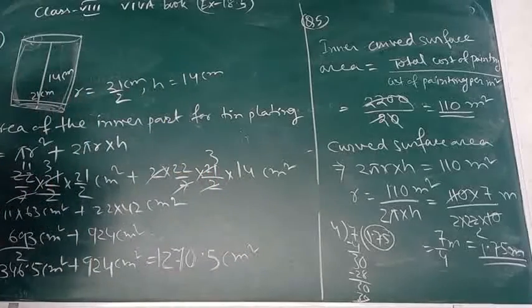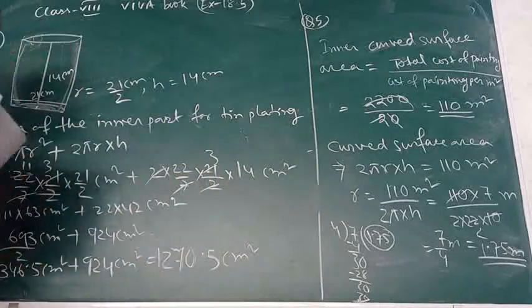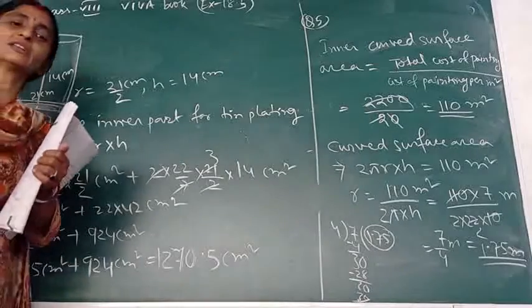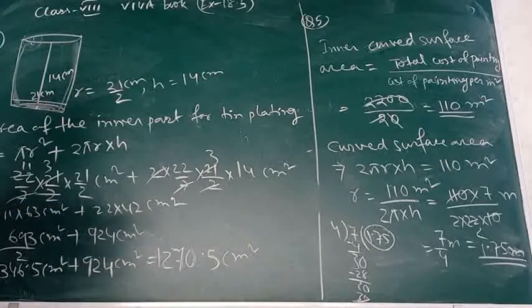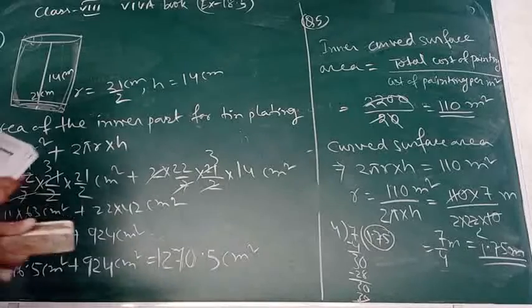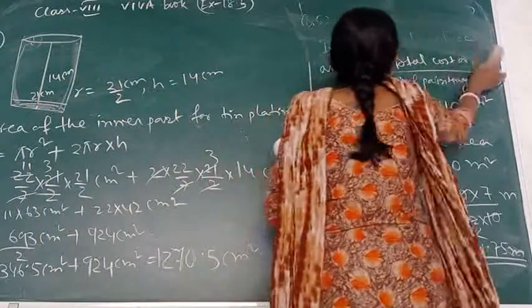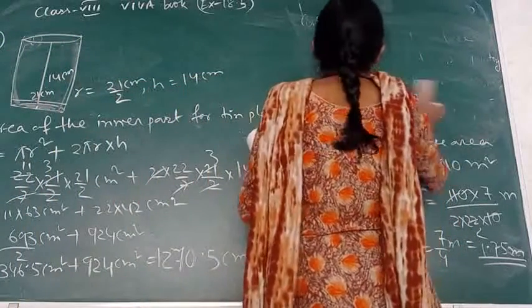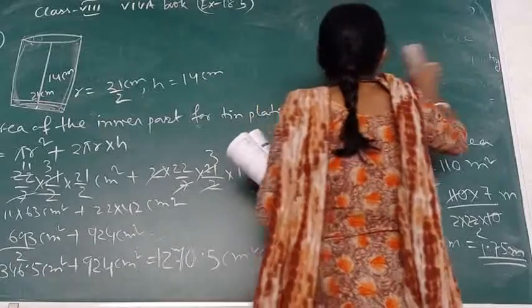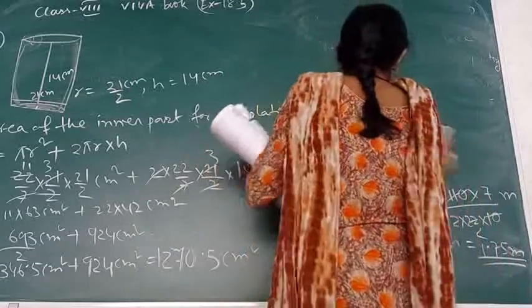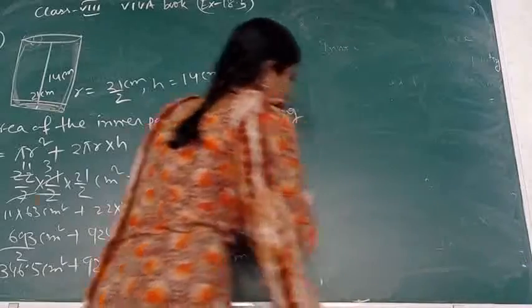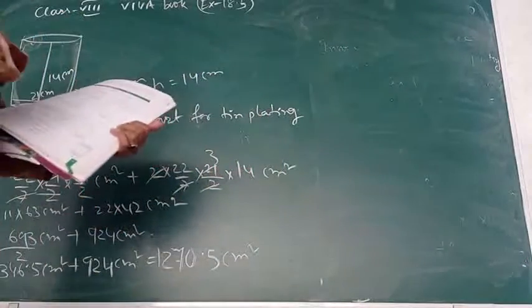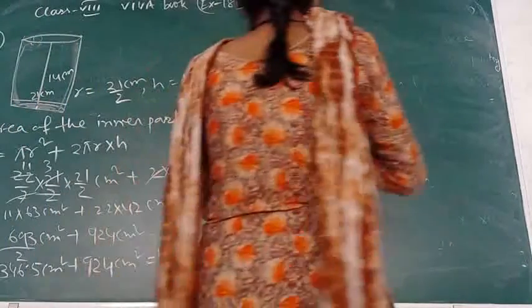Here we are going to plate this much area by tin. Now what will be the cost of plating this much area by tin? So let's come to the next part of this question, whereas per 100 centimeter square the cost is rupees 5. It has been given in the question.